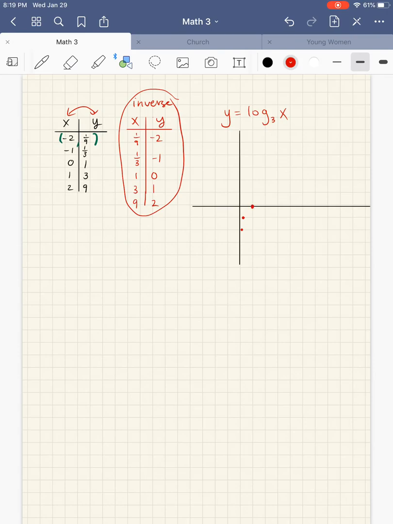We got 1, 0, 3, 1, and 9, 2. If you notice, it looks like these points all connect together and get closer to this vertical line, x equals 0. So this is what the parent graph of a logarithm looks like.